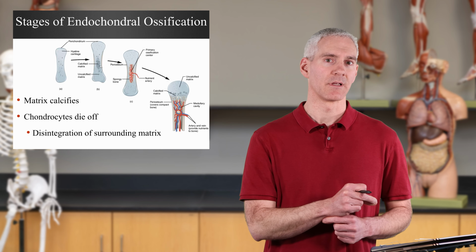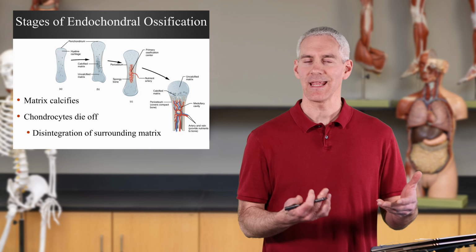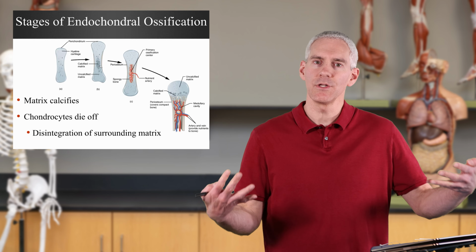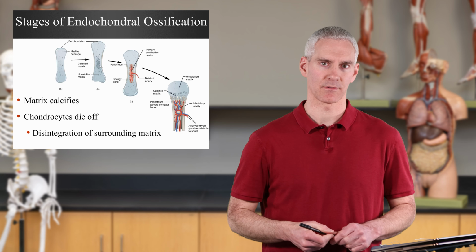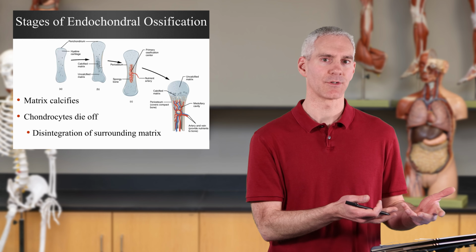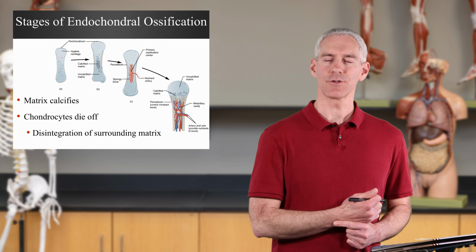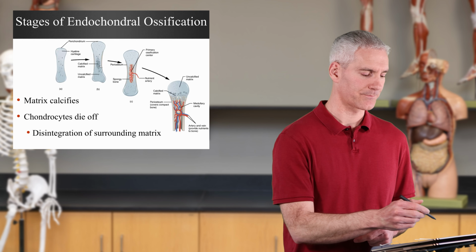Because remember, the actual hyaline cartilage, like all cartilages, is avascular. So all the nutrients must diffuse into the cartilage. If you're calcifying the matrix around a chondrocyte, it can't get its nutrients. So these chondrocytes are starting to die off.